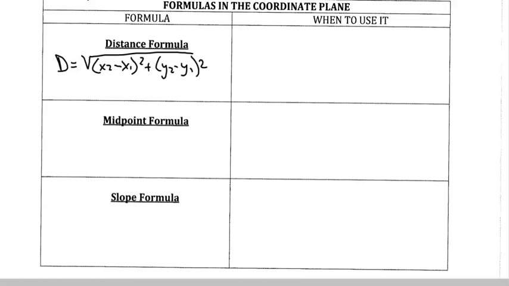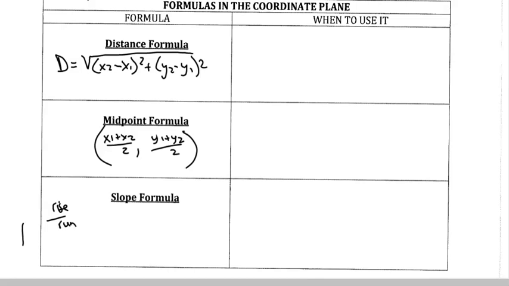The midpoint formula was where we just did x1 plus x2 divided by 2, and we had y1 plus y2 divided by 2, and it gave us a point. And the last one is the slope formula. That one is from Algebra 1. Your slope formula is going to be the rise over run. Remember, rise over run.